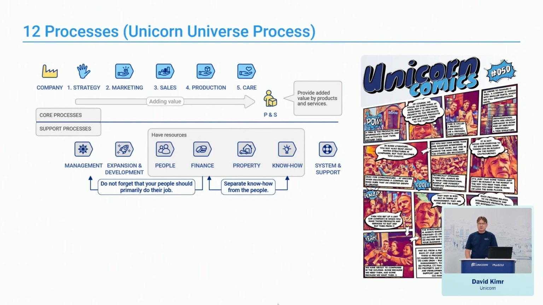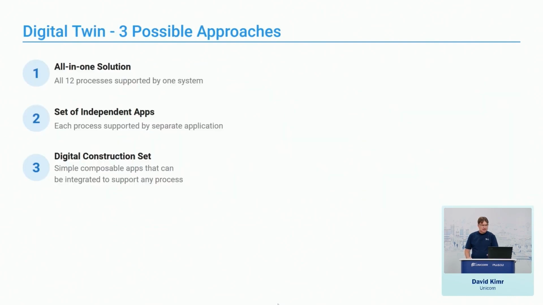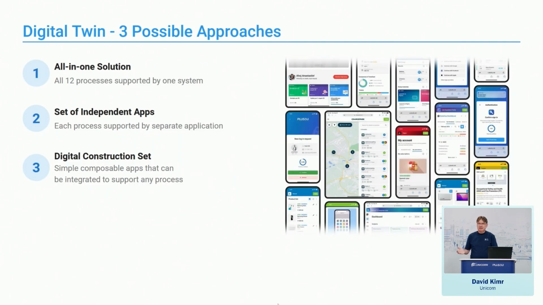And in order for those to run, there must be proper management, there must be expansion and development. The company has to take care of people, finance, property and know-how, and it also must have a certain digital system, a digital twin, and therefore this department of support.